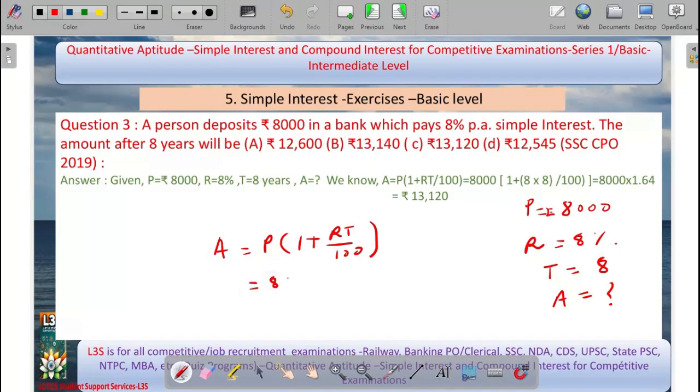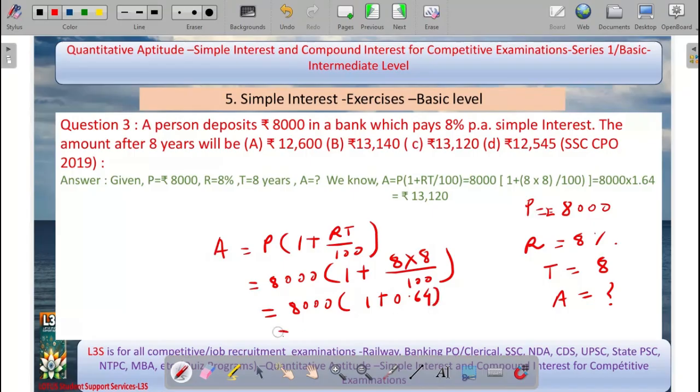So this will be 8,000 into 1 plus 8 into 8 by 100. 8 eights are 64. 64 by 100 is equal to 0.64.